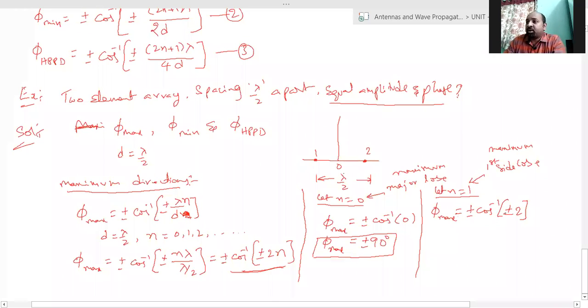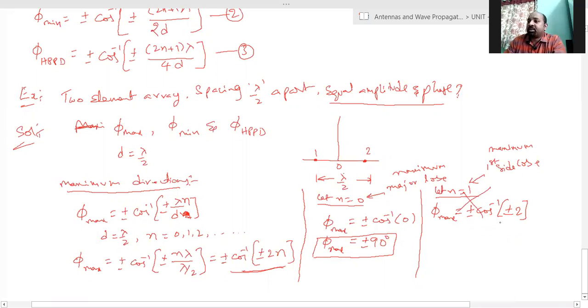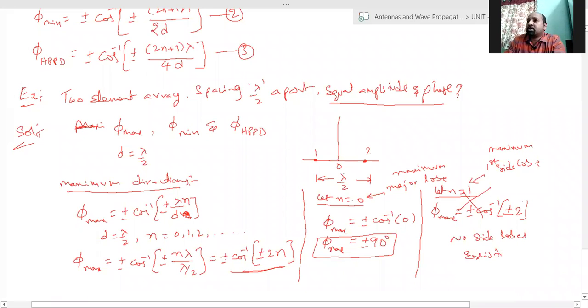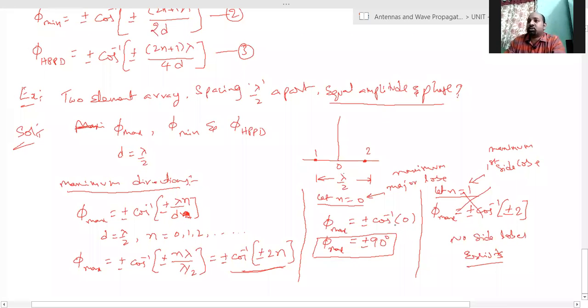So therefore cos inverse plus or minus 2, what will we get? Undefined. So therefore no side lobes exist.